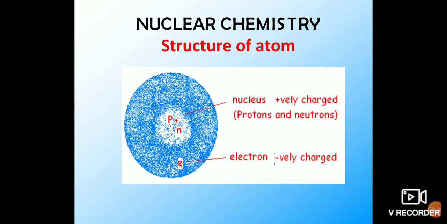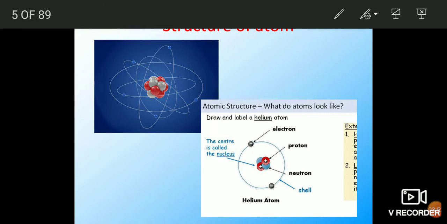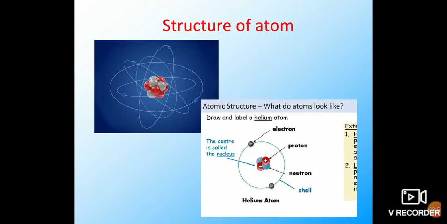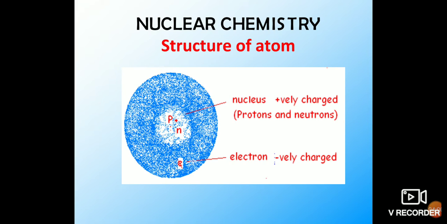Okay, now in order to study the nuclear chemistry, we must know the structure of the atom, and I think you are all well aware about that structure of the atoms. That is, atom is divided into two different parts. That is, central part is dense core, and around that there is a lighter part that we call it as the exterior part.